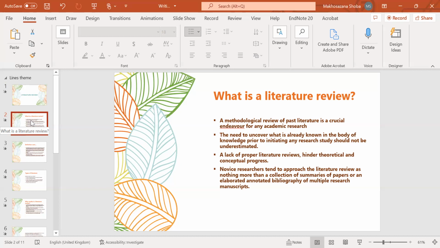You need to uncover what is already known in the body of knowledge prior to initiating any research study, and this should not be underestimated or taken for granted.